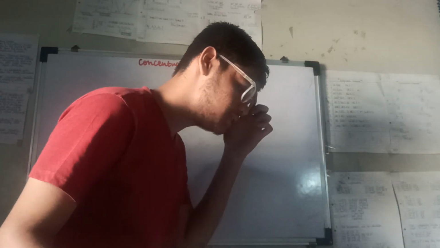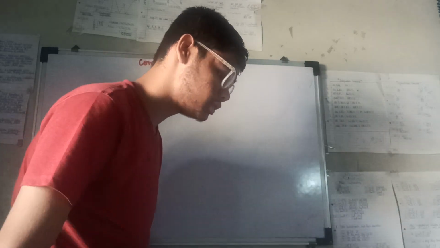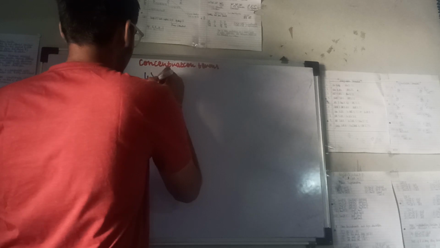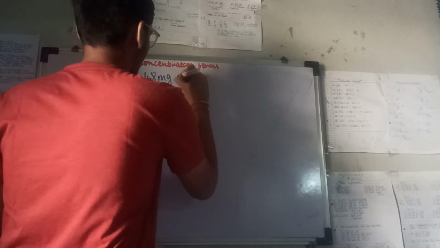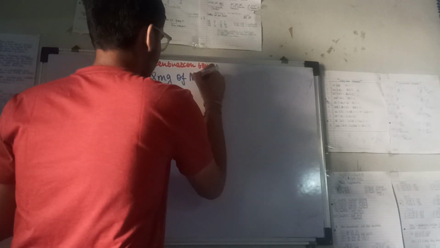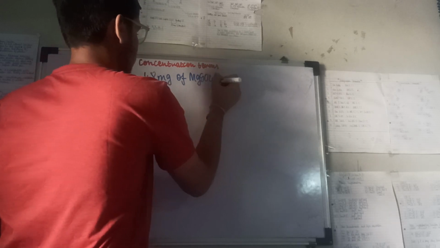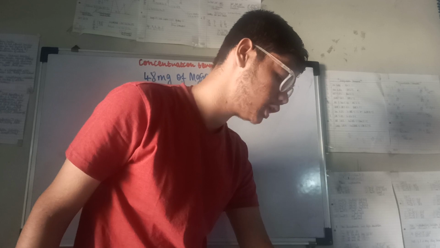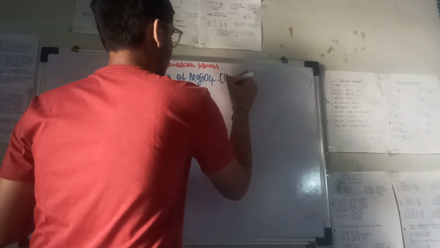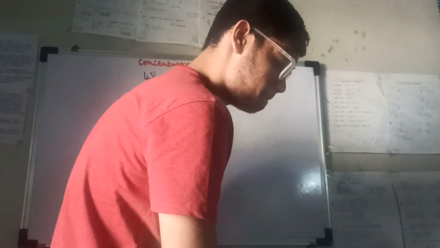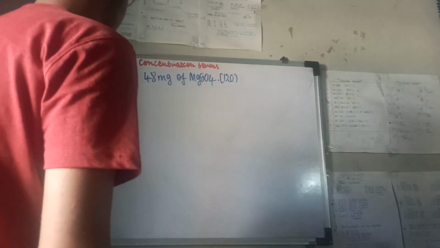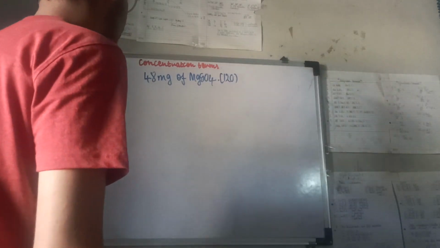Okay, what is the degree of hardness of a sample of water containing 48 milligrams of magnesium sulfate? 25 milligrams of magnesium sulfate, and molar mass is given as 120, per kg of water. Per kg of water it's mentioned.